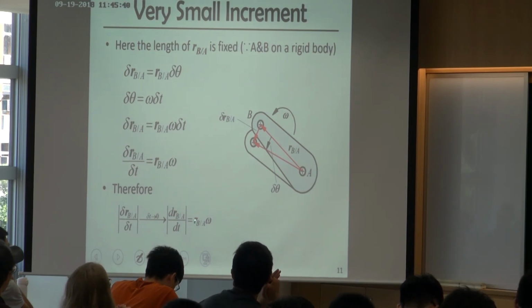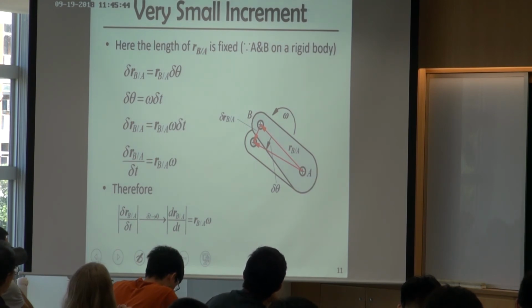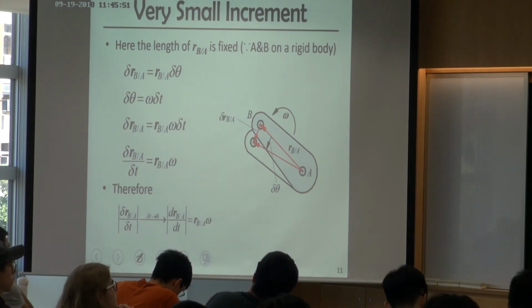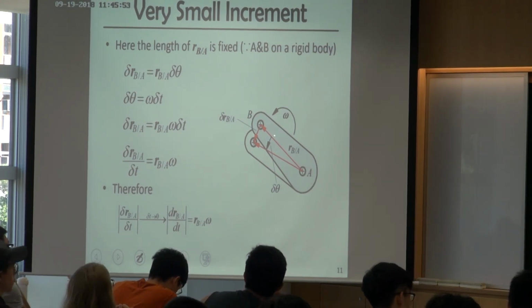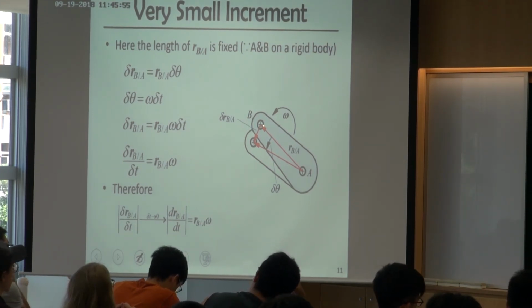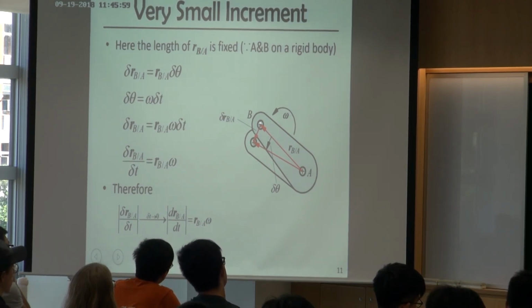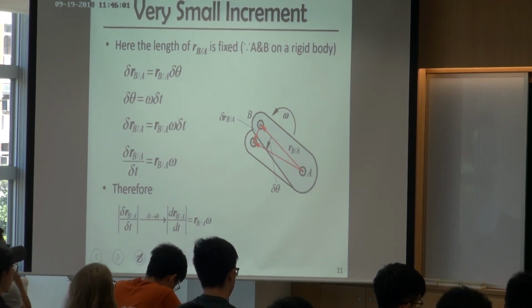That's the absolute value of dRBA over dt. But because it's a vector, it has direction. What's the direction of this one? From this figure we know it points from this point to this point, in the direction of this arrow.